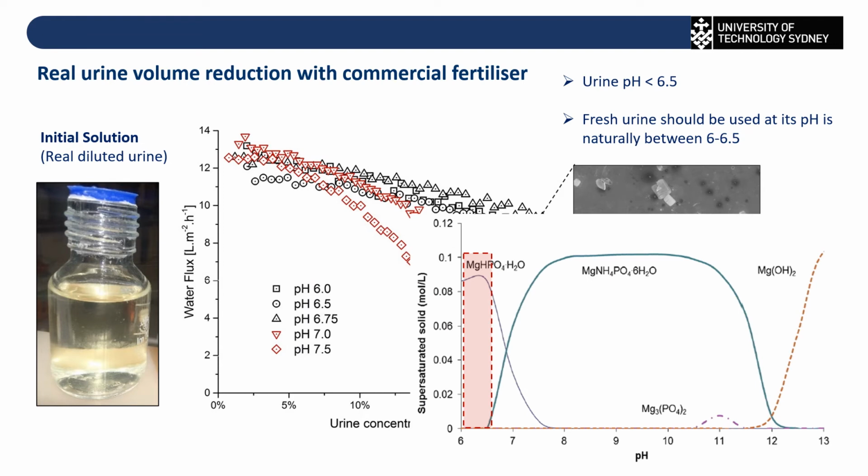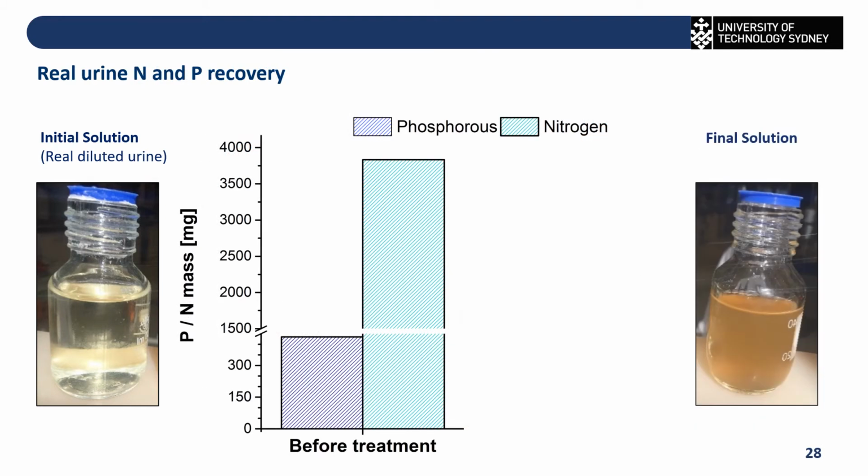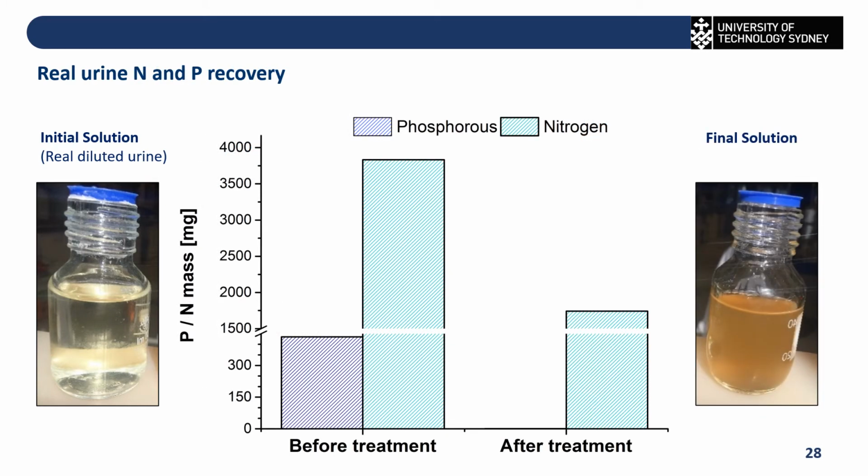And this is the saturated solid, what struvite is in terms of different temperatures, how they form, and how this creates precipitation on the membrane surface. Real urine nitrogen and phosphorus: before treatment, the concentration of phosphorus was almost 400 milligram per liter.